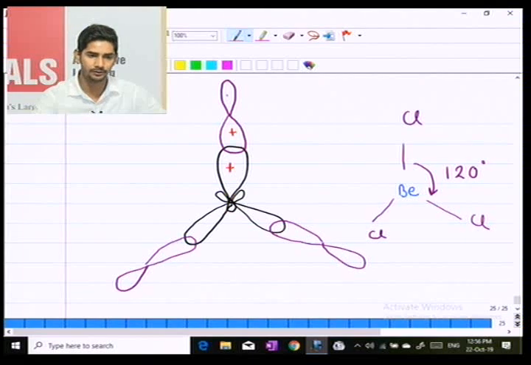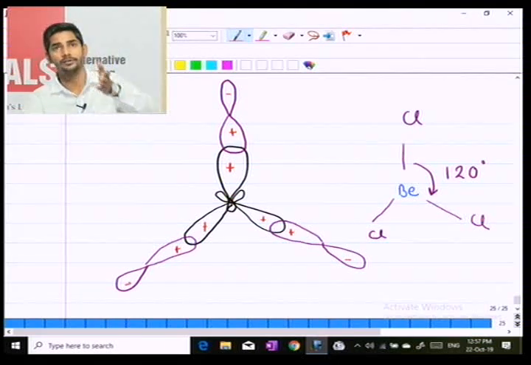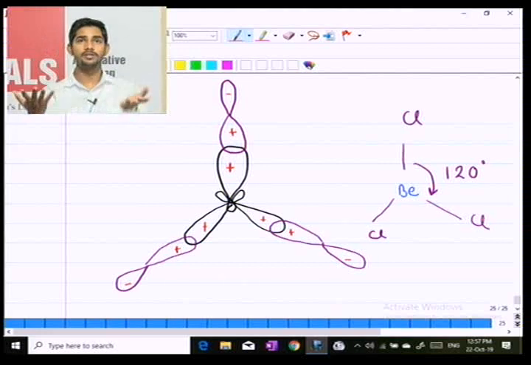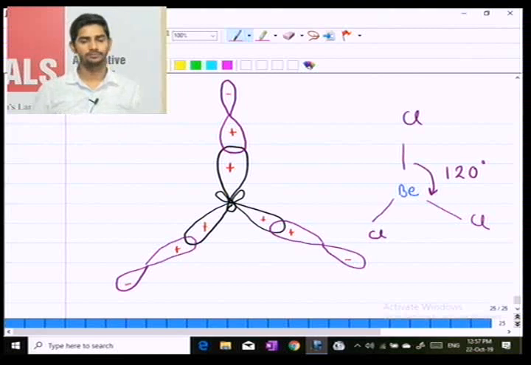Positive, positive, negative, positive, positive, negative, positive, positive, negative. I'll tell you guys why are we writing this positive and negative and what is the significance of this positive and negative. Okay? Please copy it.